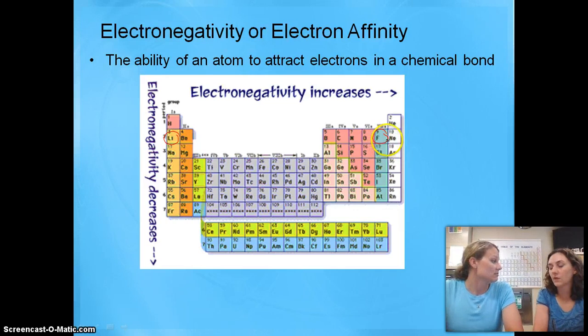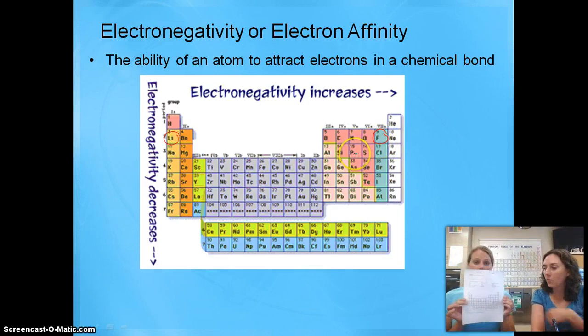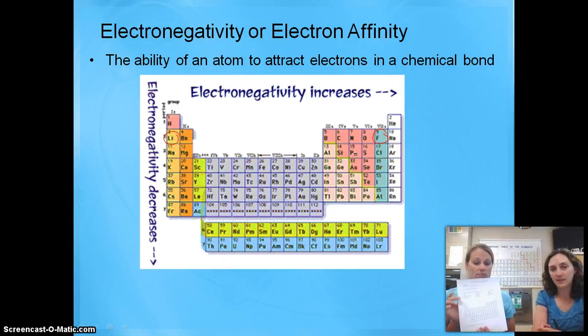Let's summarize. A lot of the trends that we talked about, we're going to go through and label your periodic table. I would suggest going back to the beginning of your notes where you labeled your alkaline earth metals, your halogens, and you colored in the S, P, D, and F blocks. Go back here and draw in arrows for your atomic radius, ionization energy, and electronegativity.